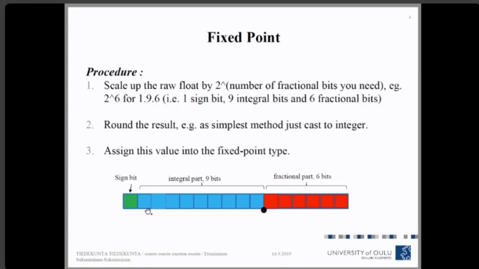So the maximum number that we can represent is 1.99 something, and the minimum, when the sign bit indicates the number is negative, will be minus 1.999, and so on. And on the other side of the spectrum, if we dedicate all of these bits except the first bit to the integral part, then the fixed point will be located here.